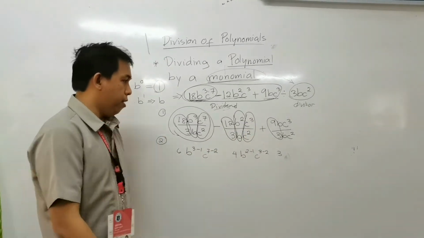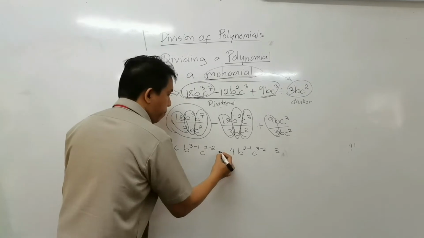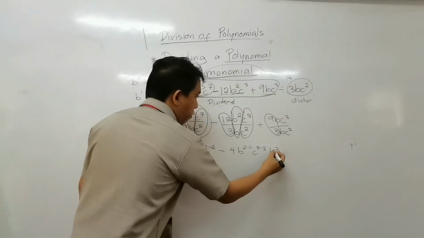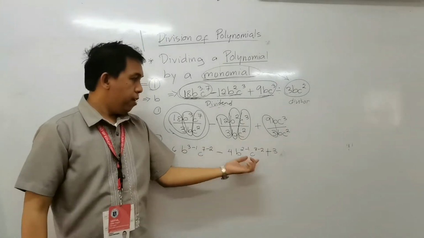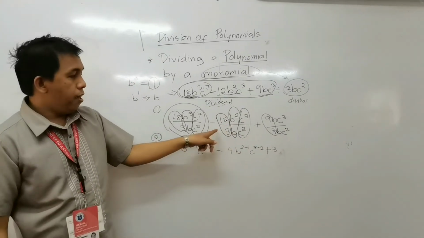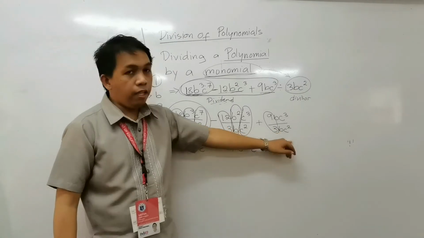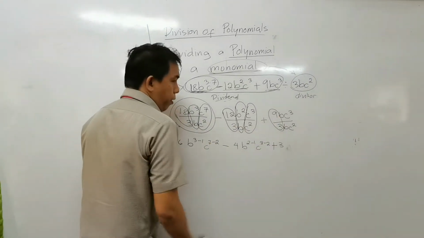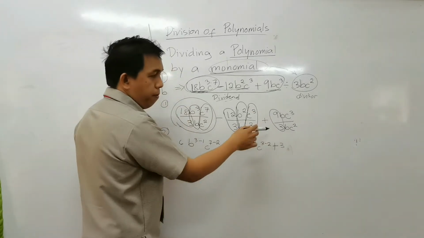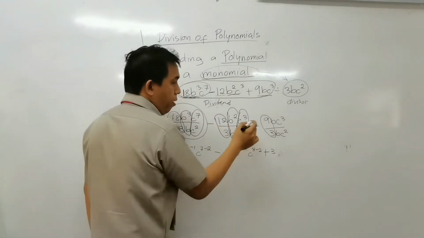Okay, so again, let's have this as our operation. So plus. Next, we're done with the second term. Let's have the last term. So 9 divided by 3, we have 3. Next, do they have a common variable? Yes, right?